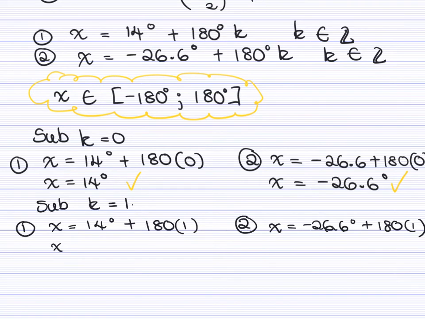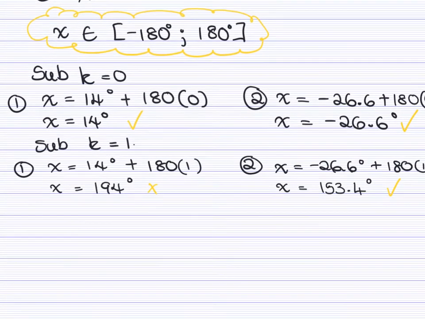So my answer here is going to be 194. Is 194 within our range? No, it's outside the 180, so we won't use that value. Then for the other one, the answer is 153.4 degrees. Is this within our range? Yes, it is. Okay, so we use that answer as well.